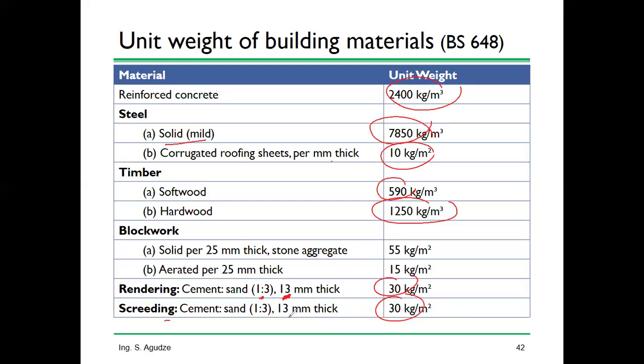So depending on the material you are using for the structure, you go to the code, look for their weight, and use it to calculate their total weight onto the structure. Is that clear enough? Any question?